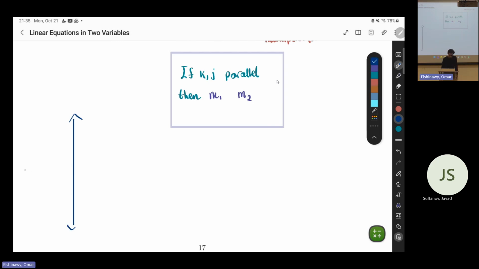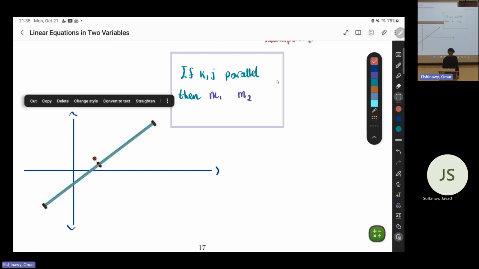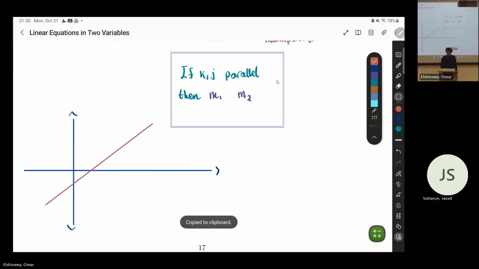Maybe I'll draw this line. And if I want this line to have the same slope, I'll just take the same line and move it a bit upwards. Okay, that's good.